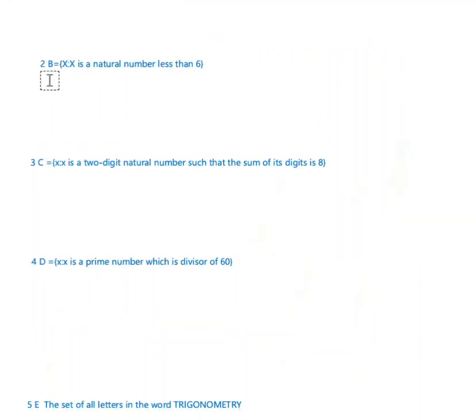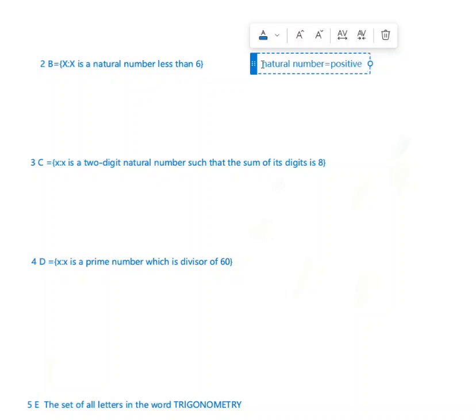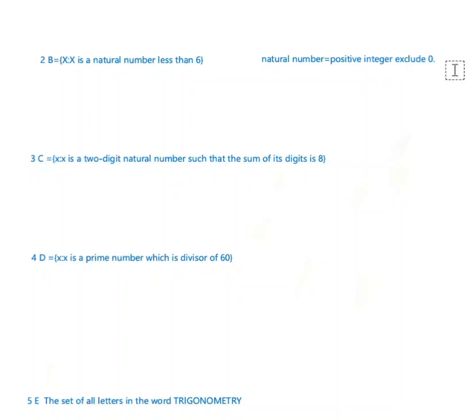The second question says that x is a natural number less than 6. First of all, we need an idea about natural numbers. Natural numbers are also integers, but they start from 1 and go to infinity. Natural numbers are positive integers, excluding 0.